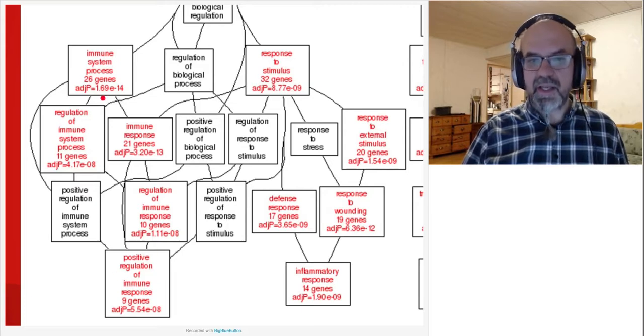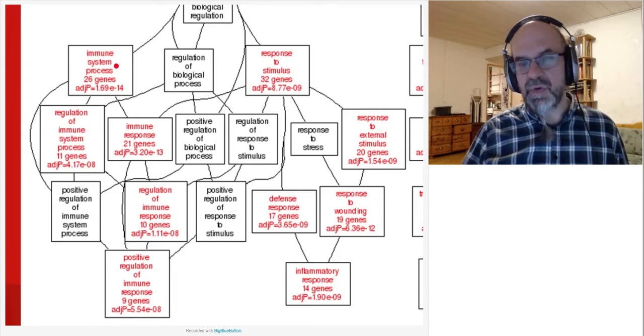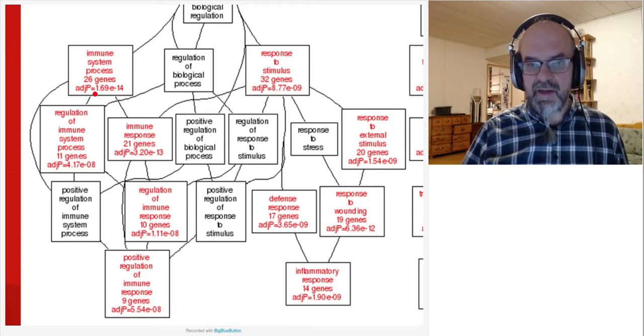So you see how I try to go for the most specific term which is still significant. If you observe, the adjusted p-values are breaking down. So the 26 genes related to immune system process have a very, very good p-value.